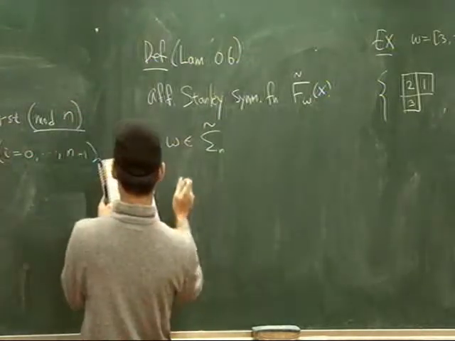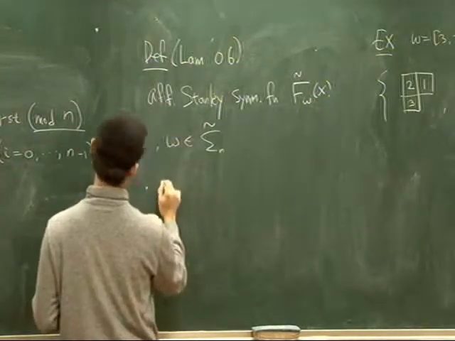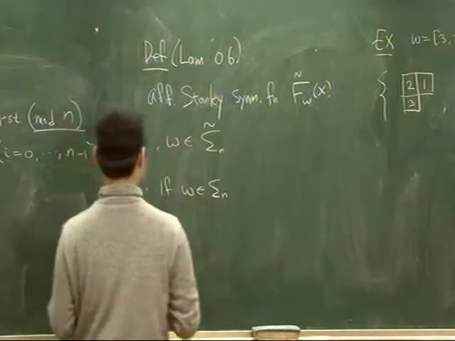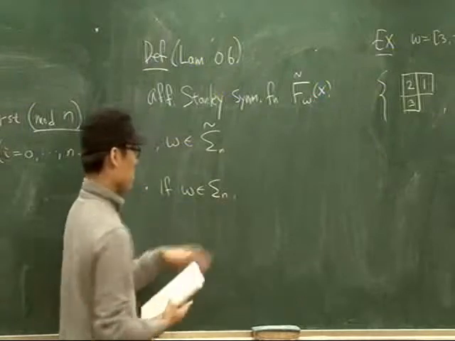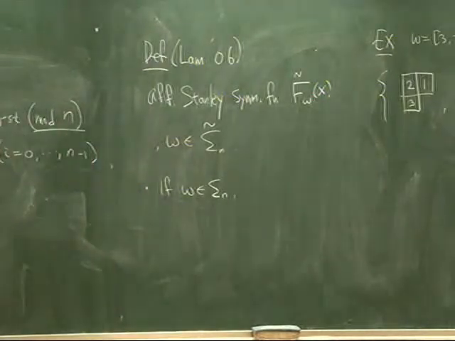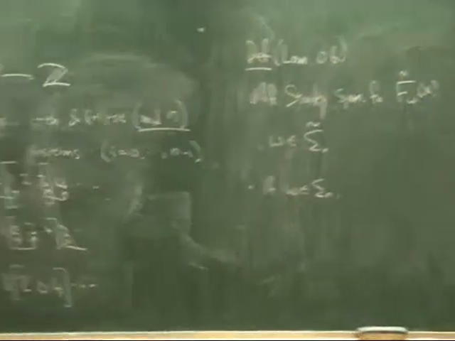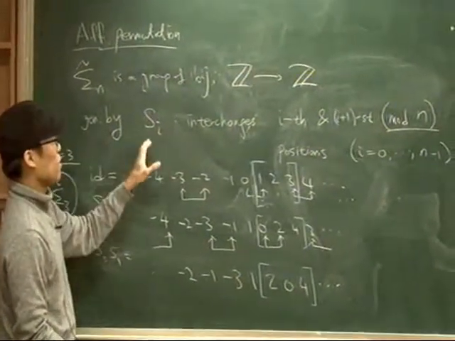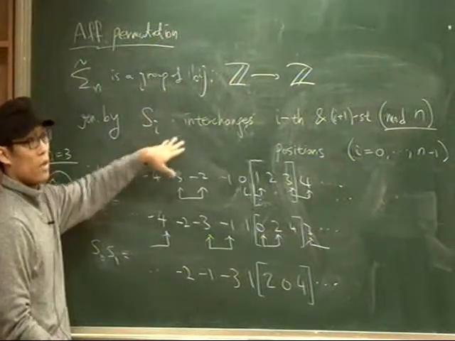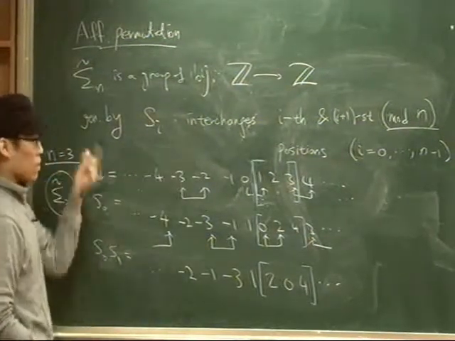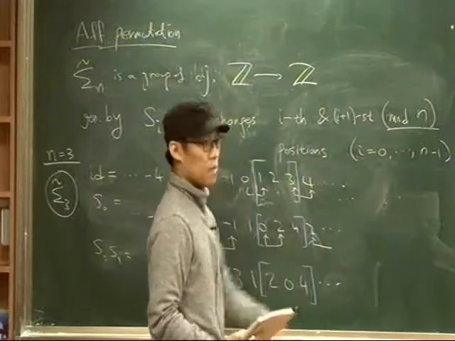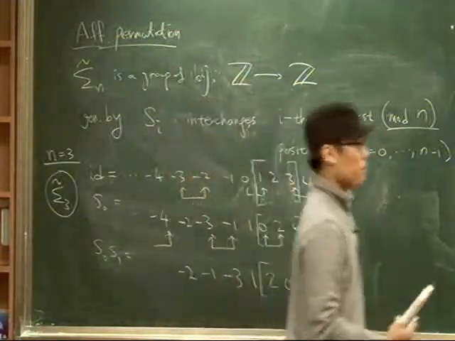So, for example, this affine symmetric group contains the finite symmetric group. We can just look at the subgroup generated by s_1 through s_{n-1}. You can ignore s_0. Then this window notation just becomes the one-line notation.